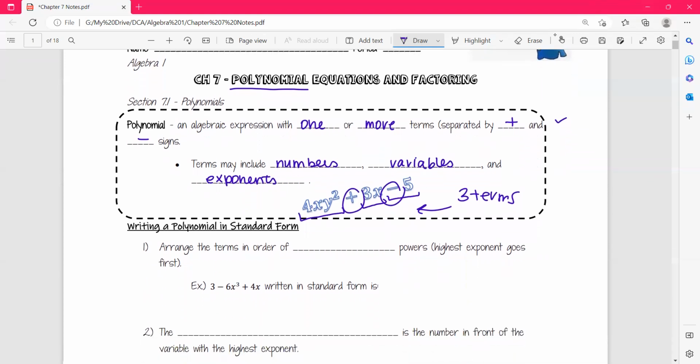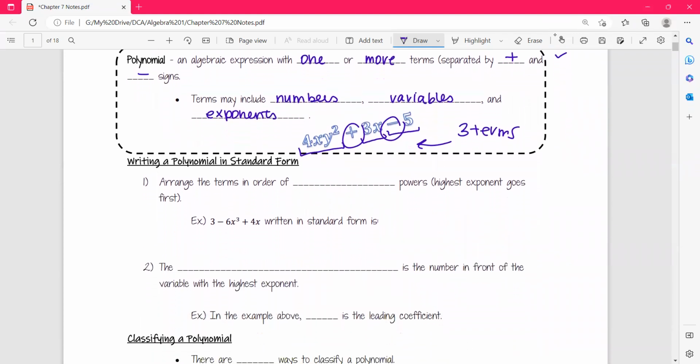It's really important. We always write polynomials in standard form. So what is standard form? Because that's super important. Standard form is arrange the terms in order of decreasing powers. In other words, highest exponent goes first. Powers, we know, is another word for exponents.